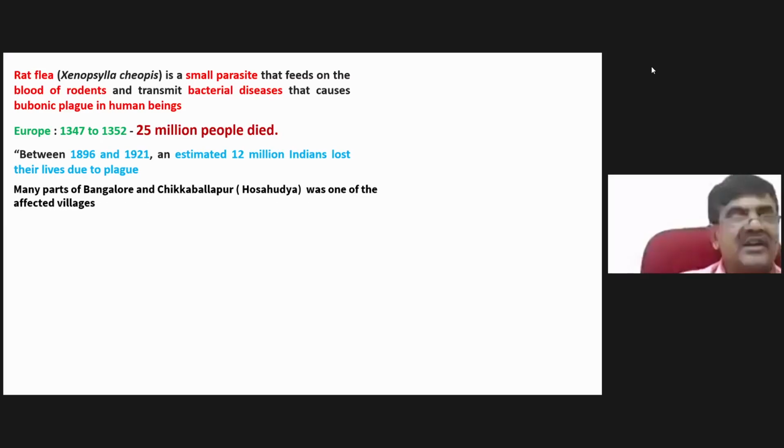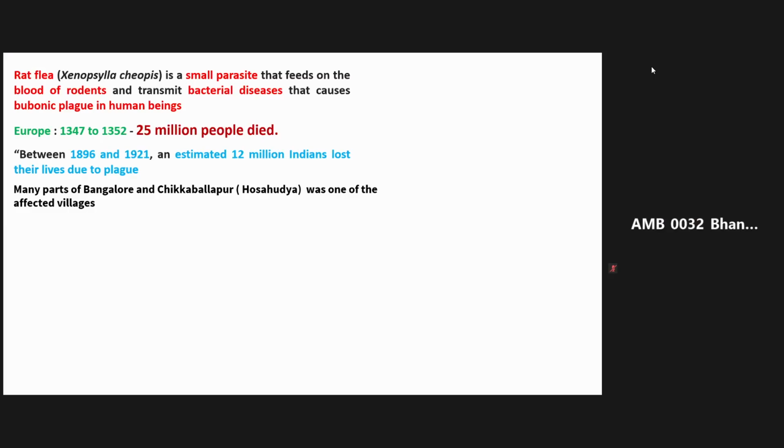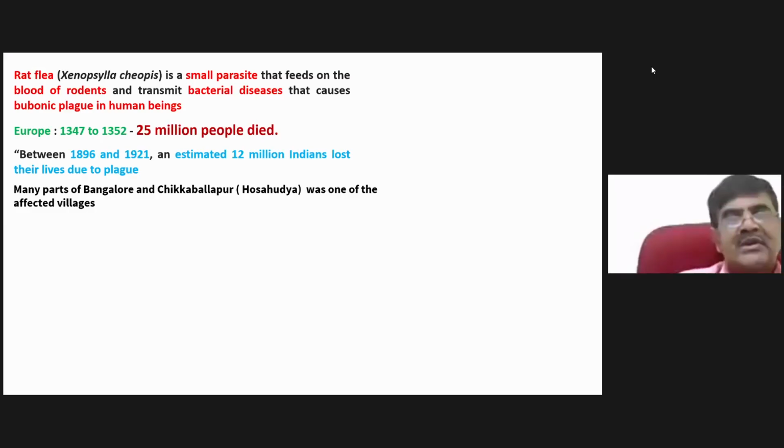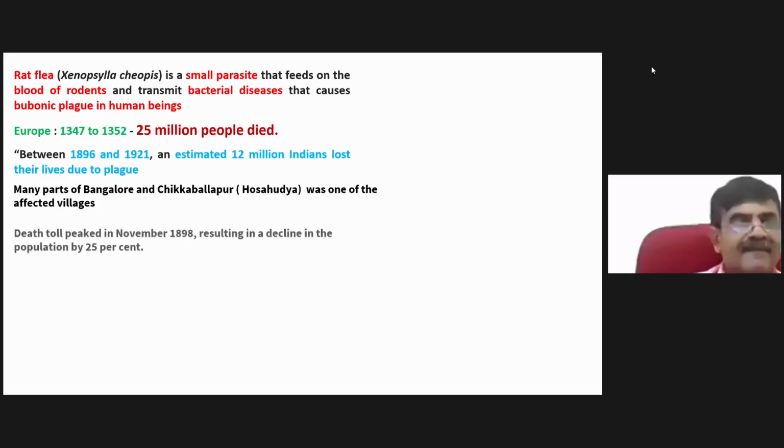Especially in many parts of Bangalore and Chikbalapur. If you are from Chikbalapur, there is a village called Hosudya. Hosudya was one of the most affected villages due to this plague disease.